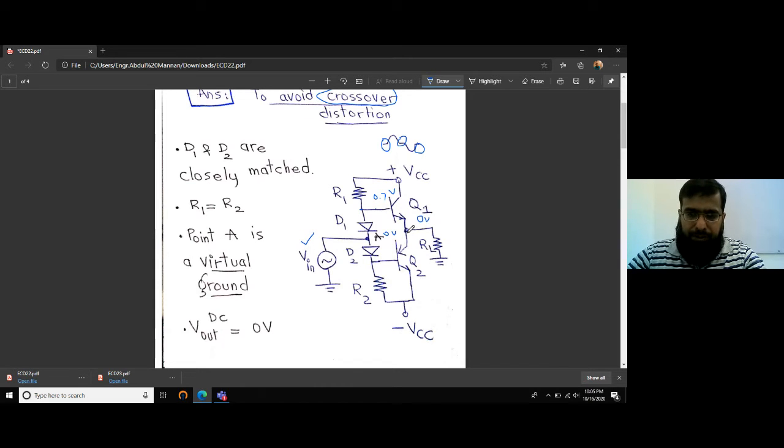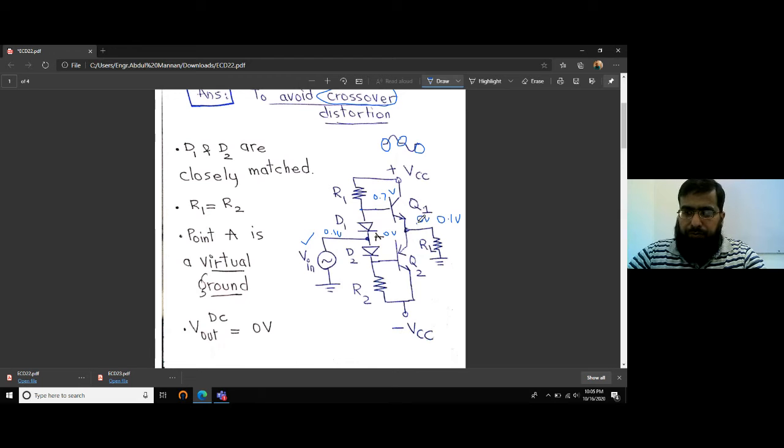So as soon as we apply a voltage as small as, for example, 0.1 volt, a very small input voltage, that will take the voltage of the anode of D1 to 0.8, and it will turn the junction on. And 0.8 minus 0.7, the 0.1 volt, will be available at the output.